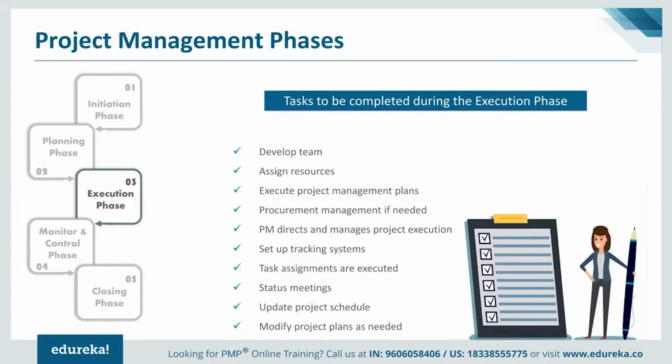And then what's most important is that, as a project manager, I should be able to direct my team. I should be able to manage the execution effectively through continuous monitoring. That's where your tracking system will come into the picture. These days, I've seen that mostly we use tools. It could be MS Project, or Clarity from CA, or even a simple Excel sheet.